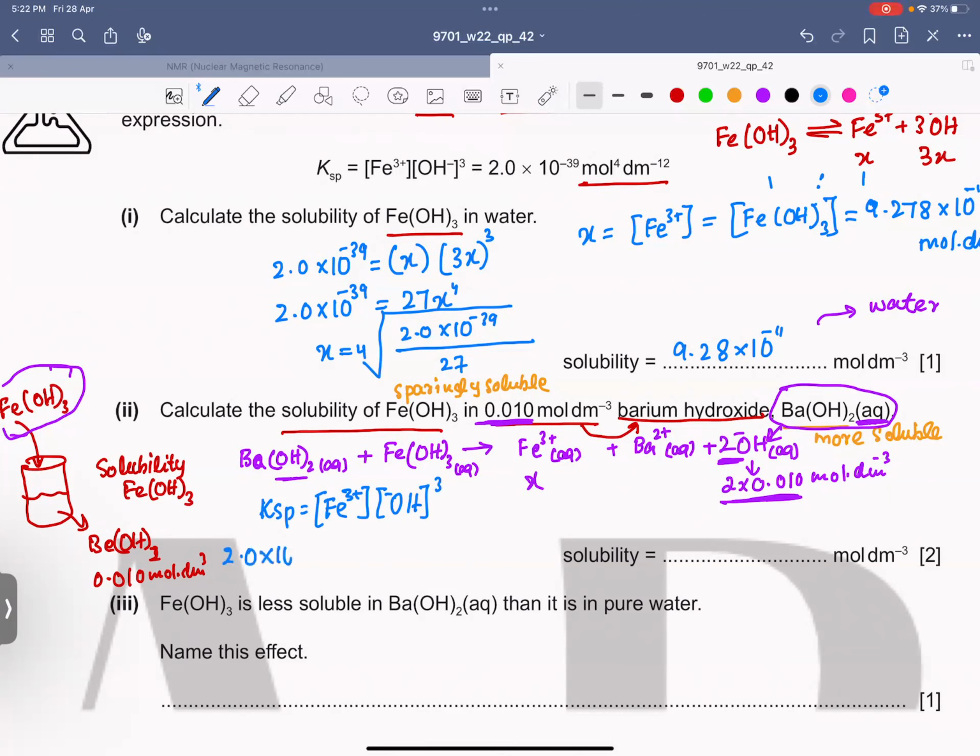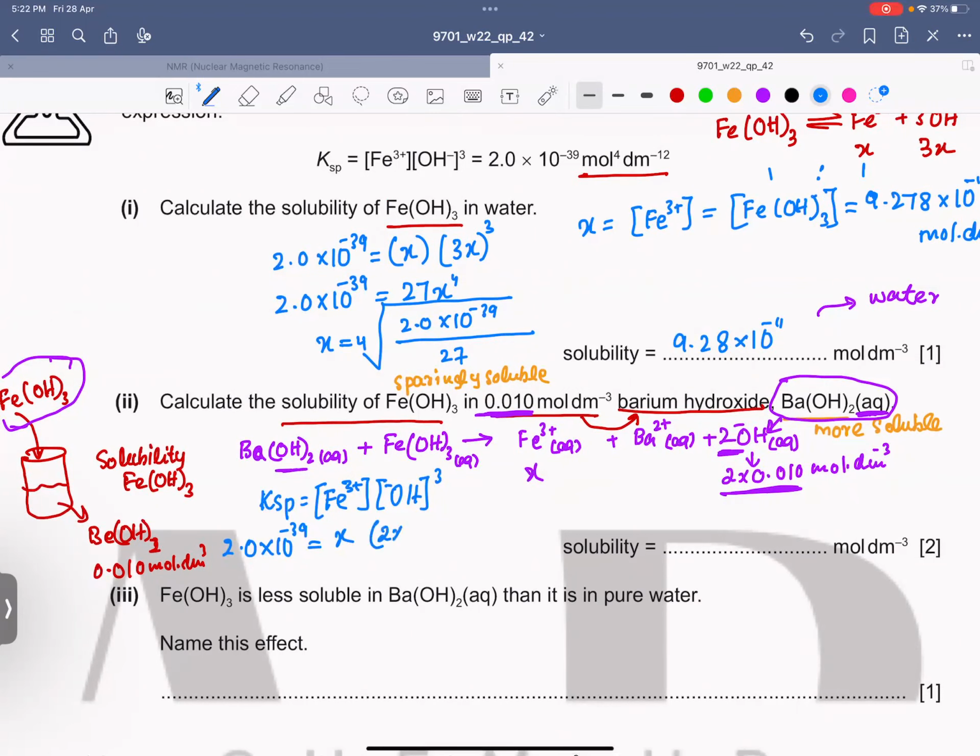Ksp is the solubility product, 2.0 exponent minus 39. We don't know how much iron will dissolve, but we know the concentration of hydroxide, which is 2 times 0.010, and I have to take the cube, right? Now, if you find the value of X, X would be equal to 2.0 exponent minus 39 divided by (2 into 0.010) raised to the power 3.